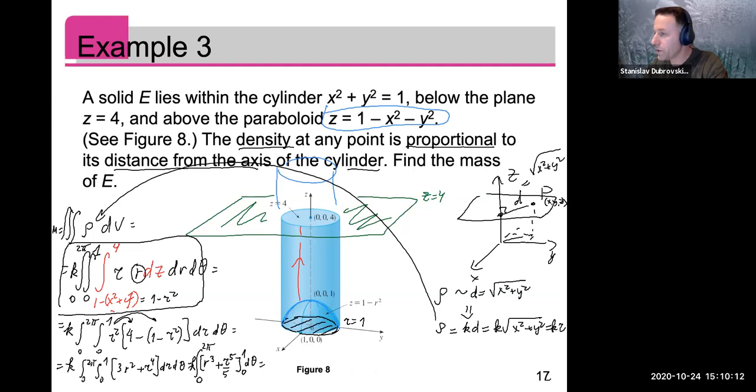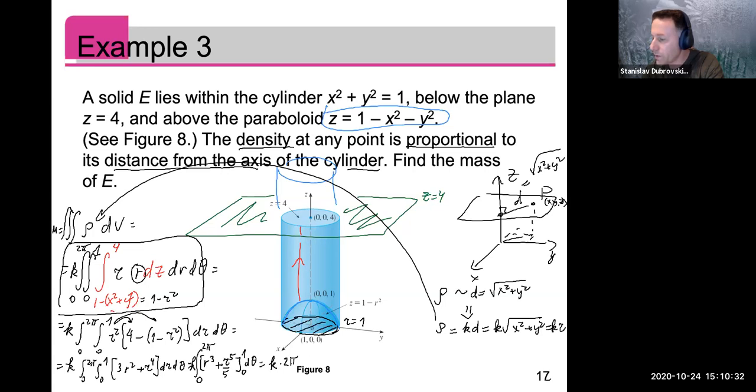This internal integral, of course, does not depend on theta, so we can just take it out, that would be a constant, and multiply it by 2 pi, the integral from 0 to 2 pi of 1.